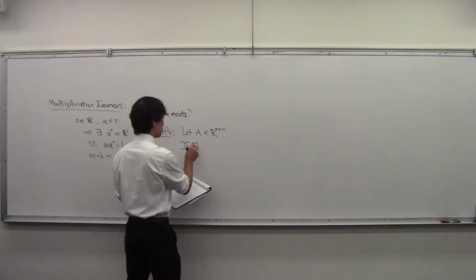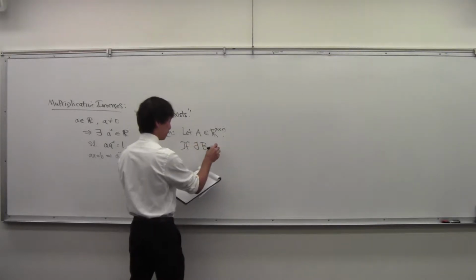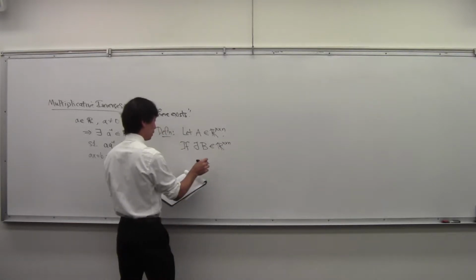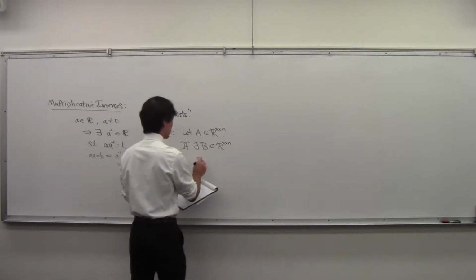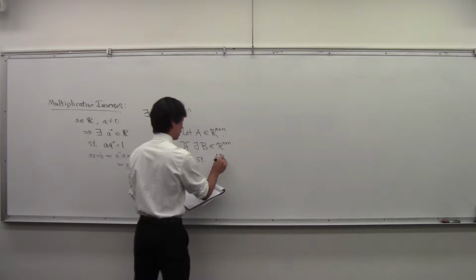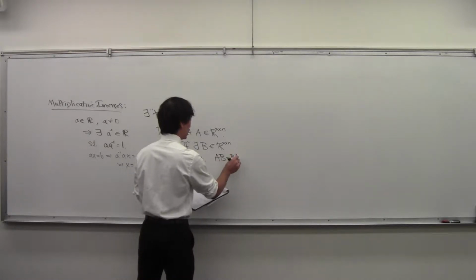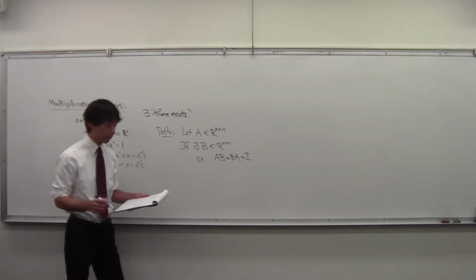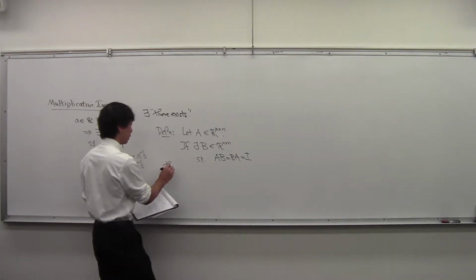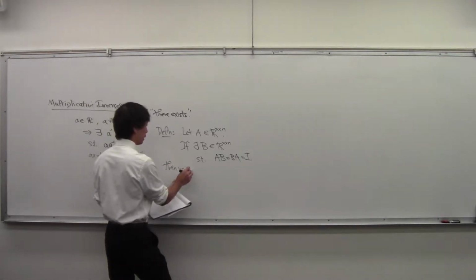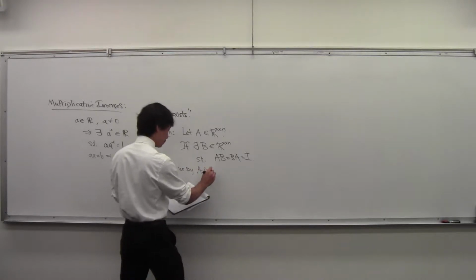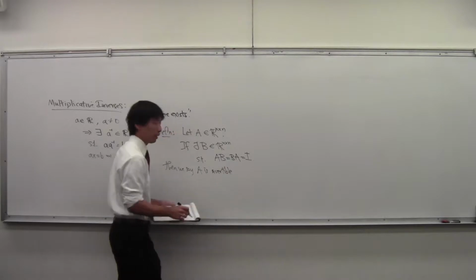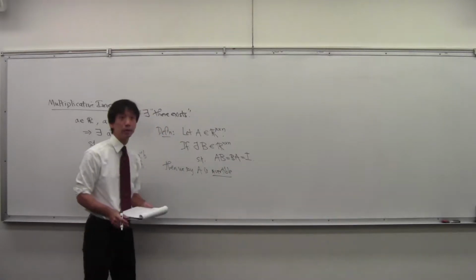If there exists a matrix B, also n by n, with the property that AB and BA are both equal to the identity matrix, then we say A is invertible. A is an invertible matrix.